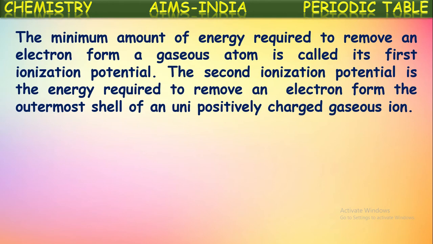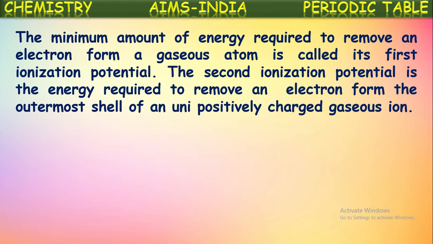The minimum amount of energy required to remove an electron from a gaseous atom is also called its first ionization potential. The amount of energy required by an atom to remove an electron from its outermost orbit is the first ionization potential.